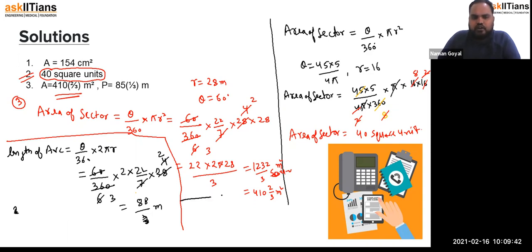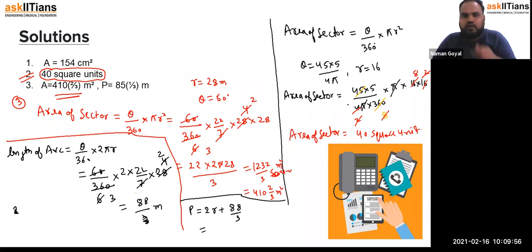Now we are going to write down the final answer for the perimeter here. Perimeter is 2r plus this length, 88 upon 3. So 2r is what? r is 28, so 2r is 56. 56 plus 88 upon 3.